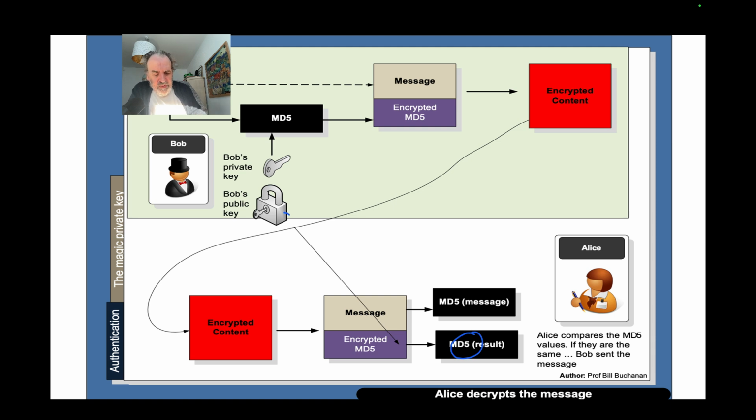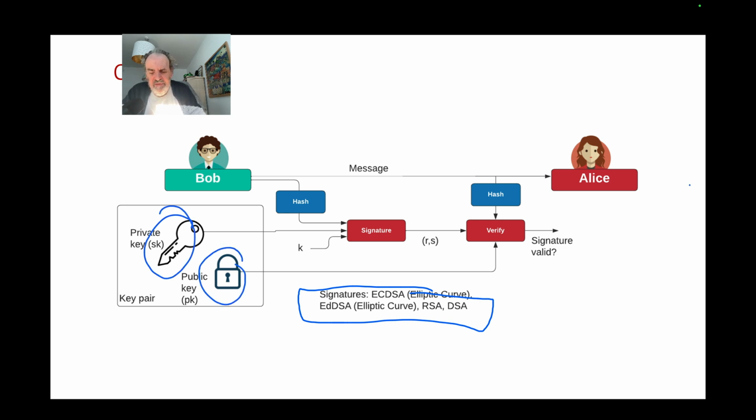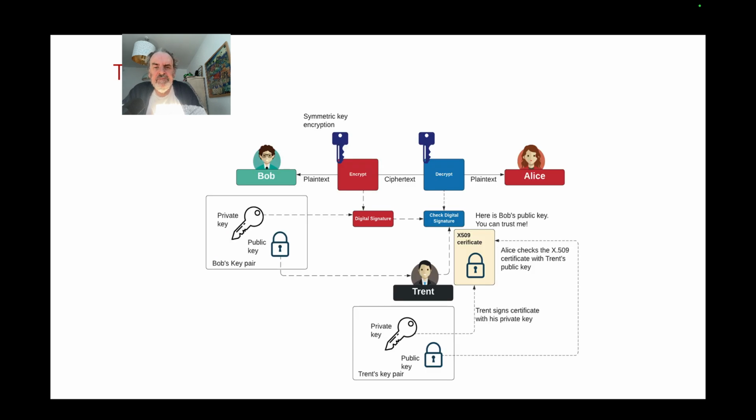Then she'll be able to check that against Bob's public key, that he was the one who sent the message. So as an overview, these are the main signature methods that Bob would be using to sign for data, this with his private key, and then validating Alice verify with his public key.